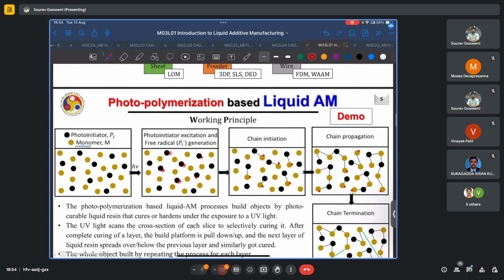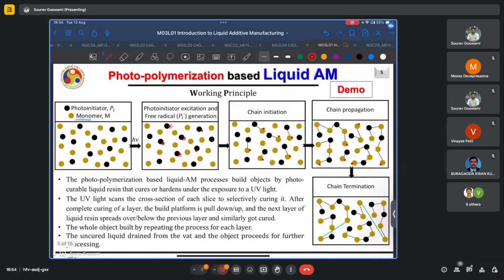Now, upon excitation, these free radicals can then be passed on to the monomers, as we see here, and a chain is formed. Now, these are spontaneous processes and can happen suddenly and across many such pairs. This free radical chain now propagates.